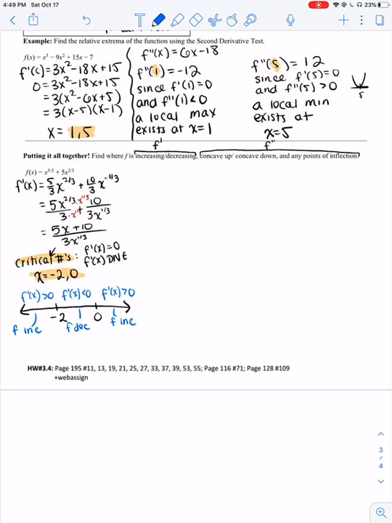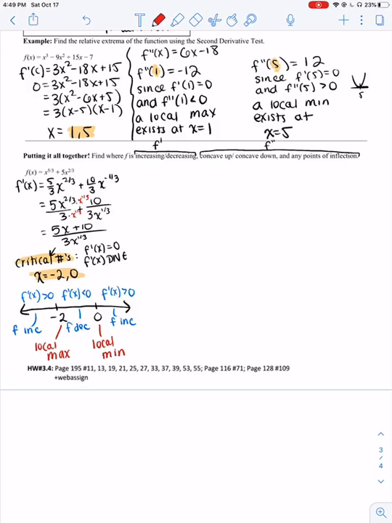And since we've basically just done most of the first derivative test, we may as well just add in what the maximum and minimum are. So if we switch from increasing to decreasing on our function, that means that we have a local max. And if we switch from decreasing to increasing, we have a local min.